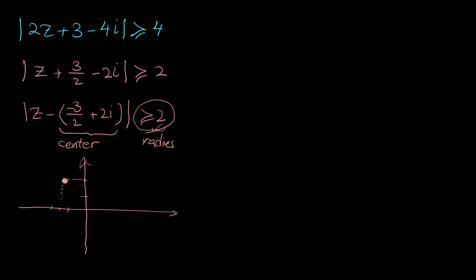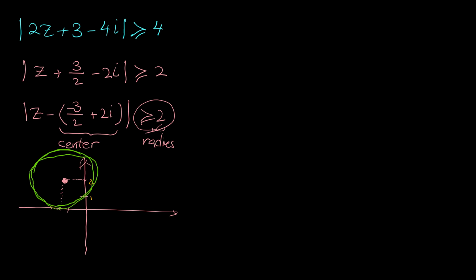So here is 1, here is 2. We draw a circle with radius 2 with that center. The circle would be something like this. I am trying to graph a circle, but it's hard. Okay.